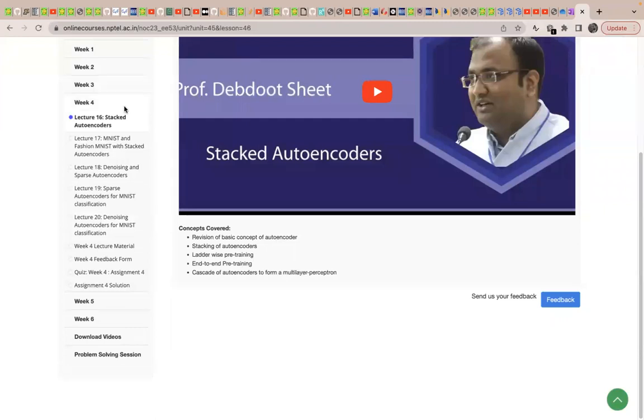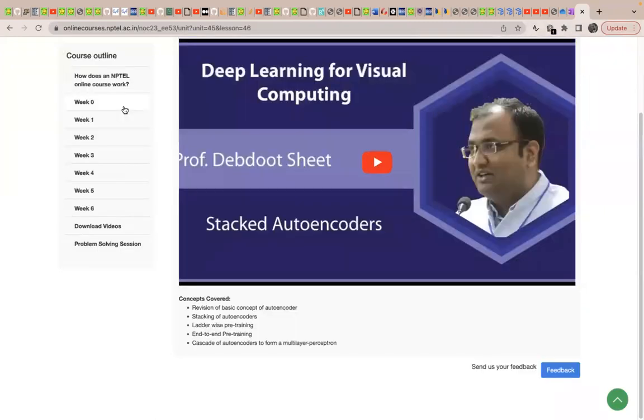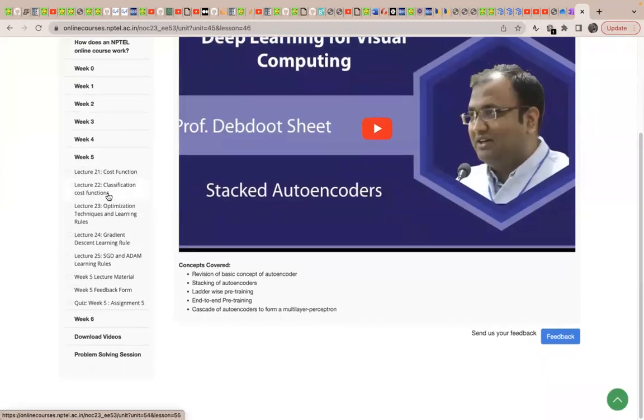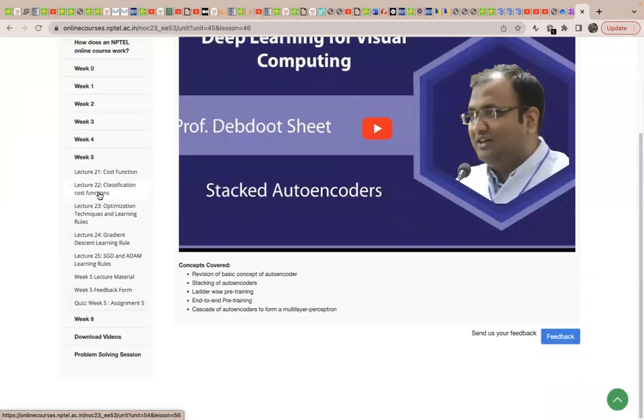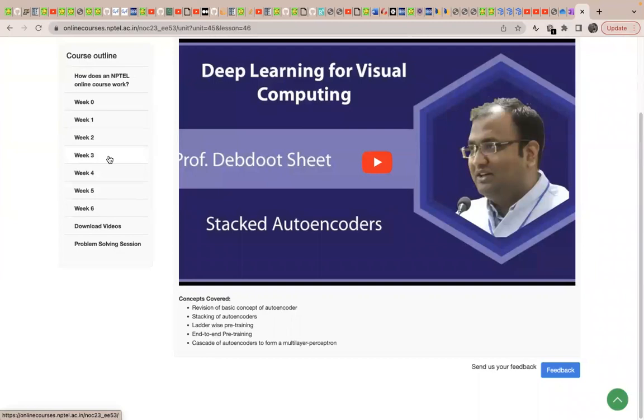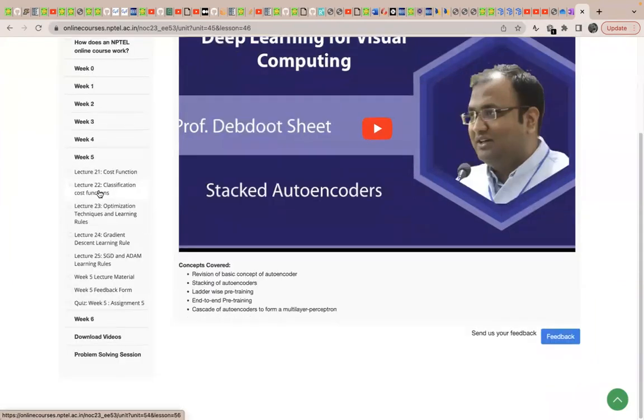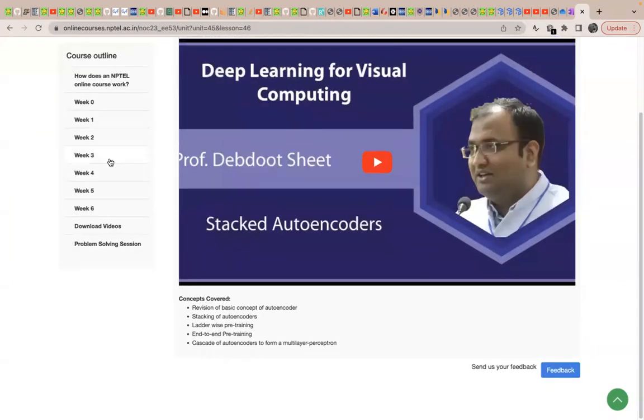So we will complete week 4 today, and we'll cover some part of week 5, and we are lagging behind one week, so I'll try to cover that. In the next class I will clarify all the doubts from the assignments of weeks 3, 4, and 5, and we'll complete everything till week 6.